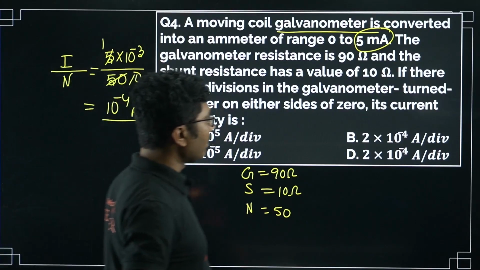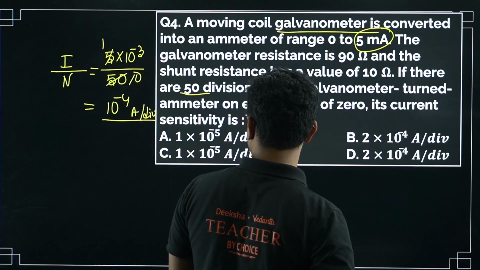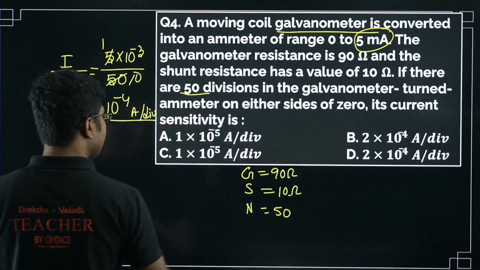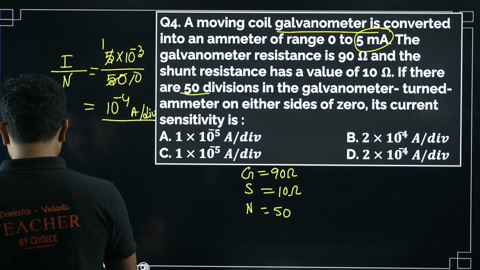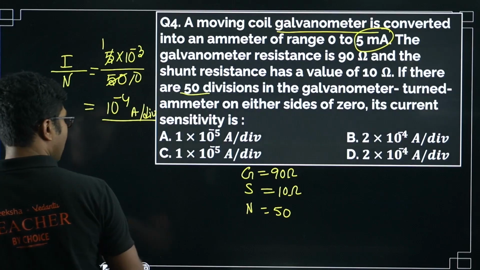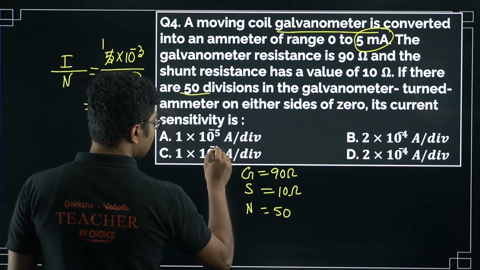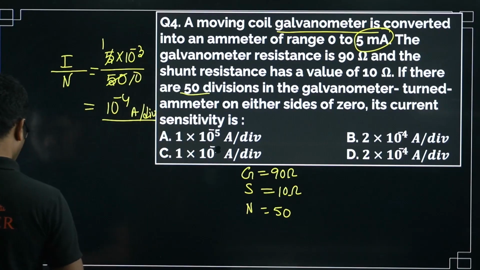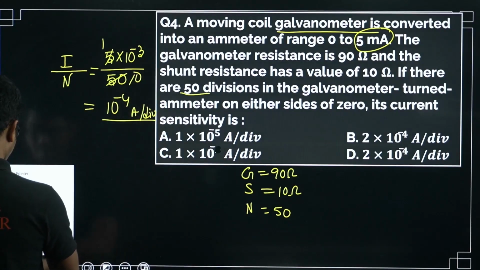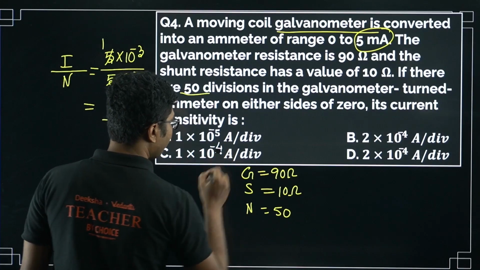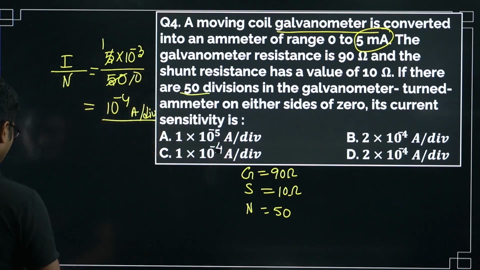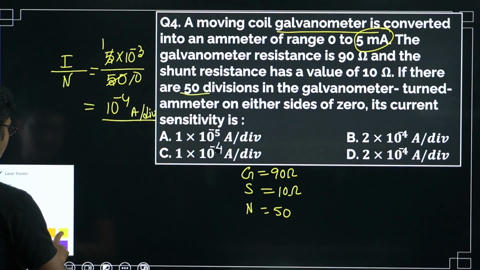Here also this is wrong, both options are given the same, so these are some typing errors. So 1 into 10 to the power of minus 4 ampere per division.